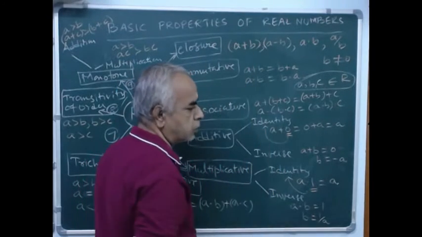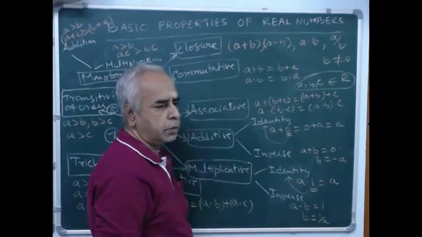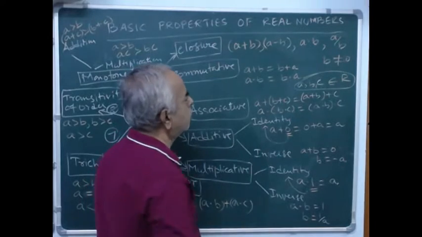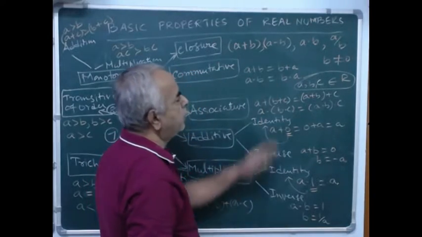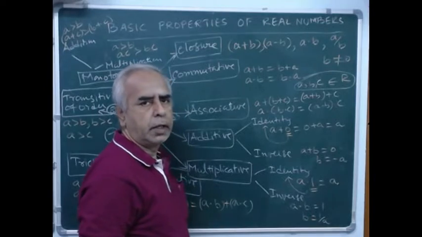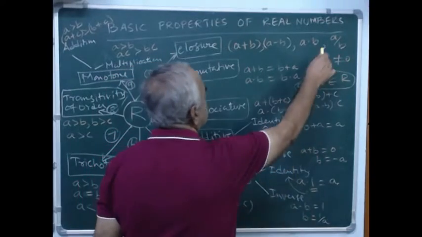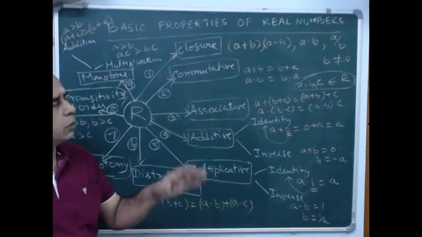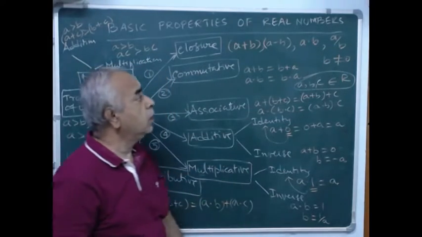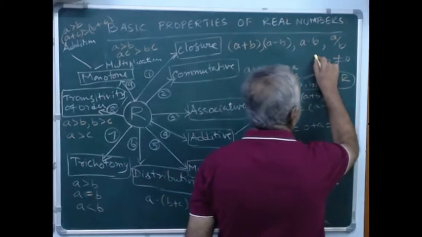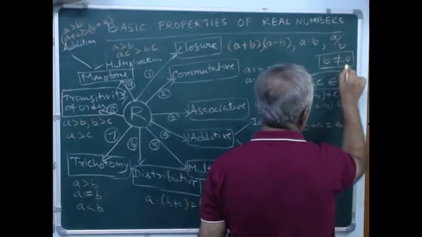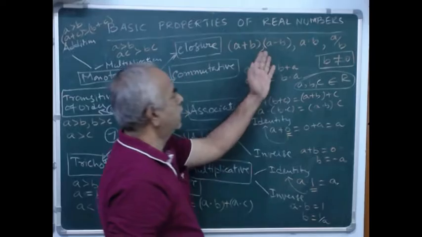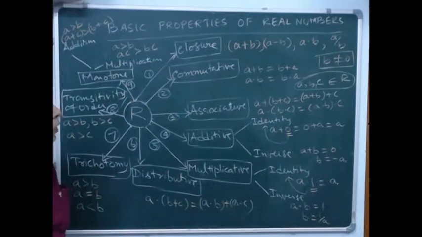For example, 5 plus 3 means 8, that is closed. 5 minus 3 is equal to 2, so A minus B. 5 into 3, that is A dot B, A into B. And similarly 5 by 3 or 5 by 2, anything. The result belongs to the real numbers only, provided the denominator is not 0. So you will get closed numbers only based on this.